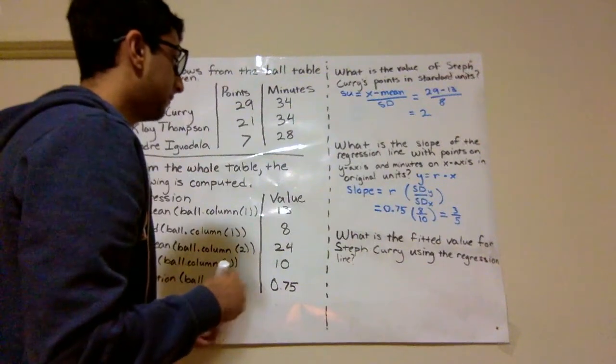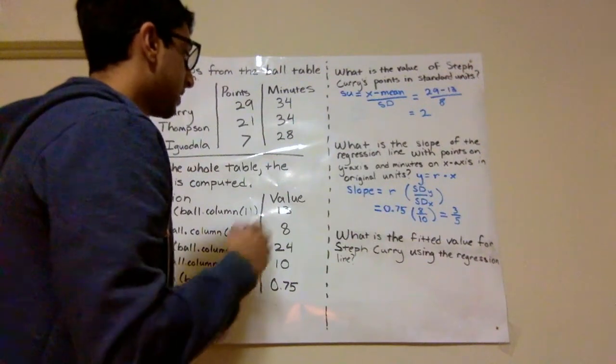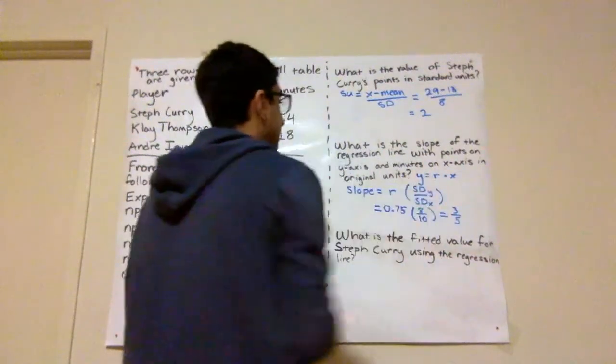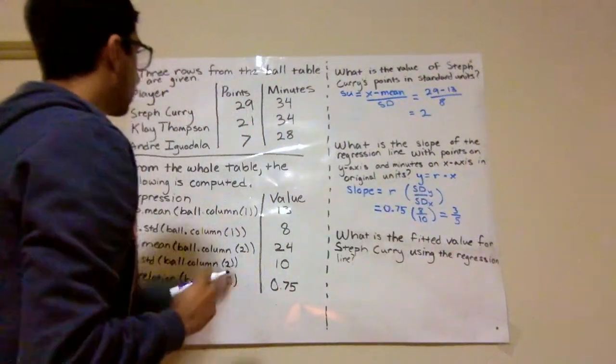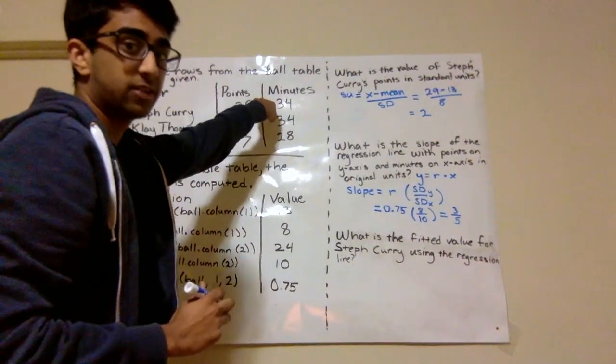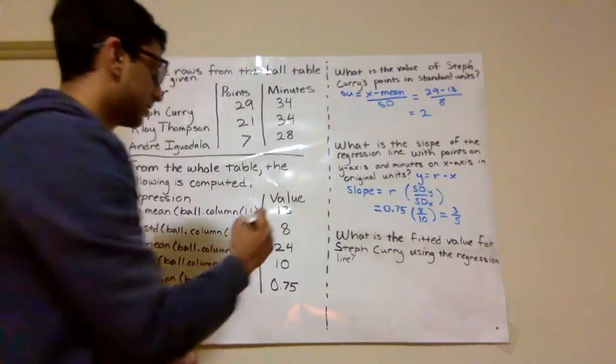So we're going to have the fitted value for Steph Curry, so we're going to take y equals r times x. X is still our minutes, so we're going to take these minutes that we have for Steph Curry over here, and convert them over to standard units.